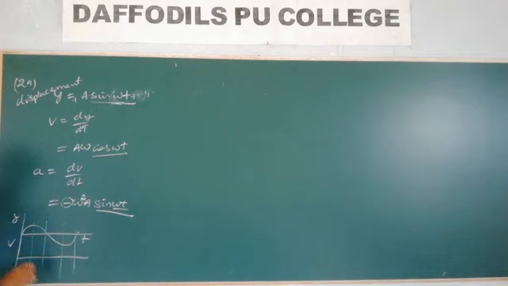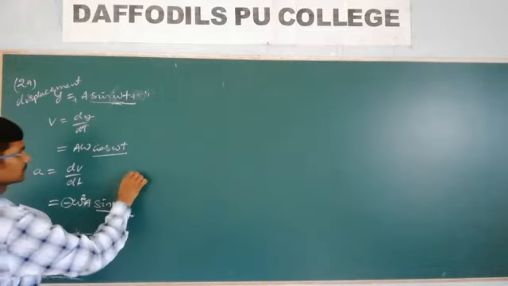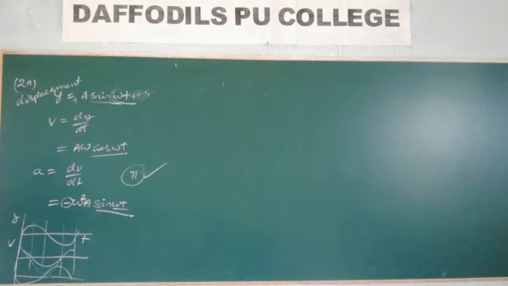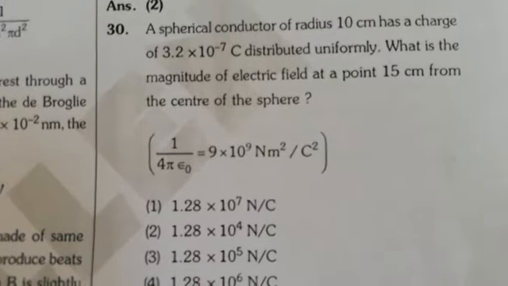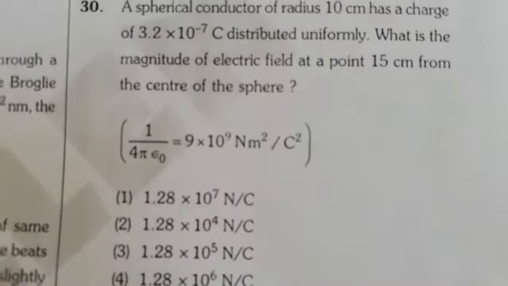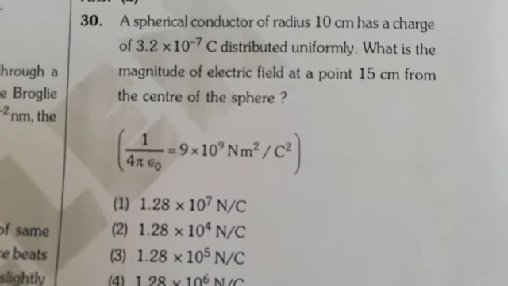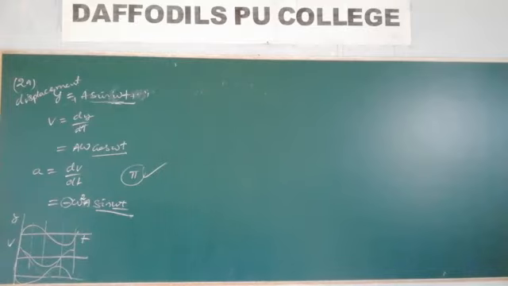If you draw the graph for y and t, the velocity starts from the peak value, whereas acceleration is exactly in opposite phase to displacement. Then what is the phase difference? Pi is the phase difference, 180 degrees, pi radian.